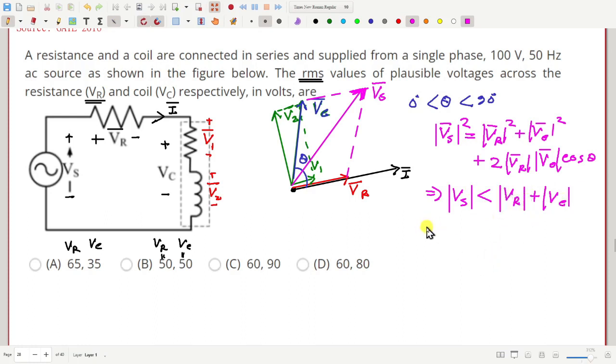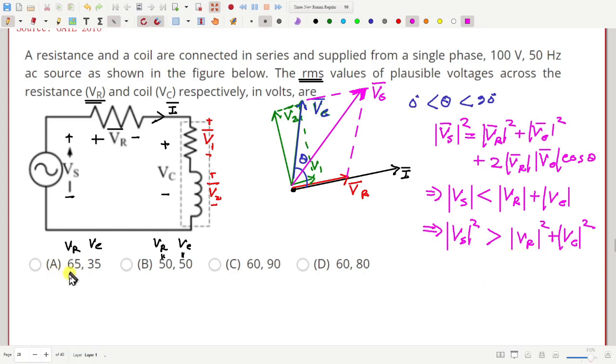Can we also say that the magnitude of Vs squared should be greater than VR square plus VC square? Yes. The second one is more obvious. Okay, so these are the two conditions we must satisfy.